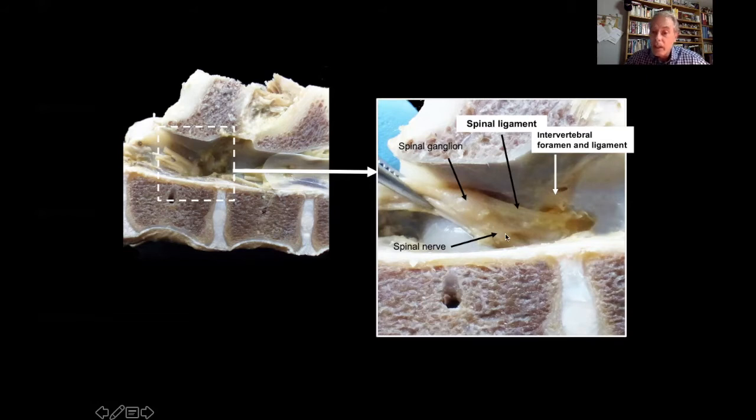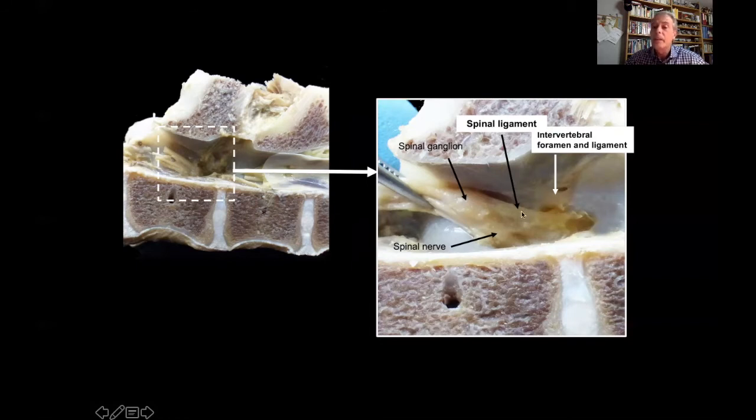So in a close look, you see the dorsal root, the ventral root, and the spinal ganglion located in the dorsal root, very close to the spinal nerve. And you see there are attachments, ligaments. This is an intervertebral foramen and ligament. This is the ligament, the interforaminal ligament, and ligaments that attach the spinal nerves to these intervertebral ligaments.